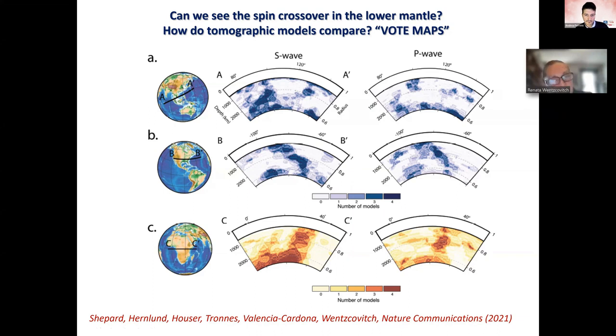So this is the kind of relationship between compressional and shear velocity that you expect in the presence of a spin transition in iron.